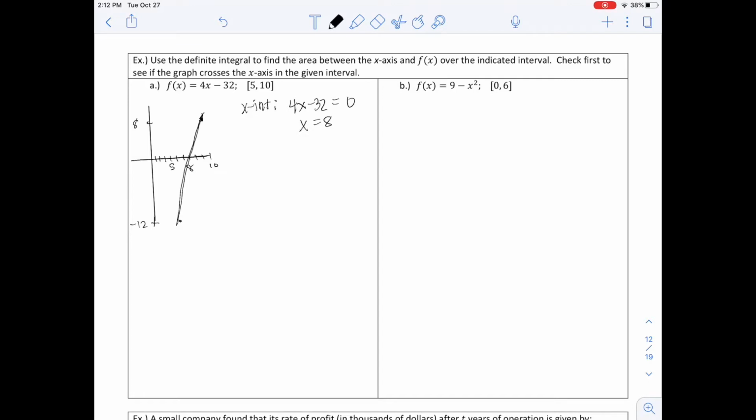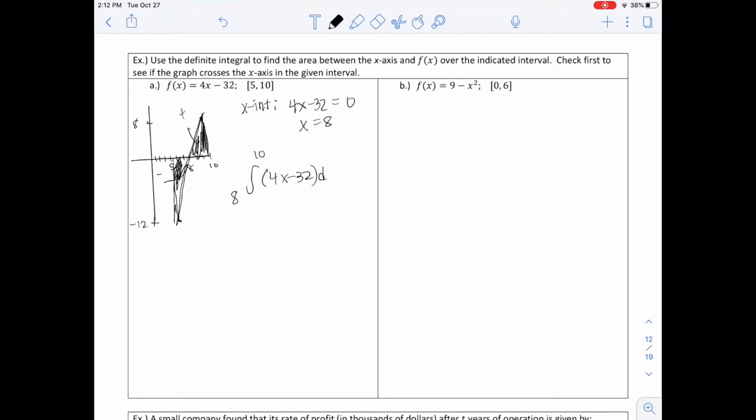And so I have two areas. I have one that's going to be above, and this is a positive area, and then one that's going to be below, which is my negative area. So in order to find the area, I'm going to be integrating this, and I'm going to take my positive area, which is going to go from 8 till 10, of my function, which is 4x minus 32.